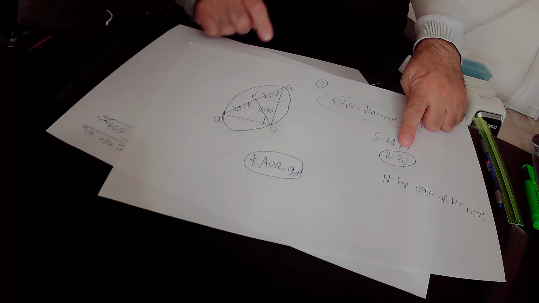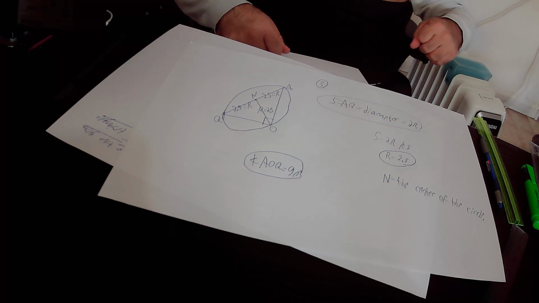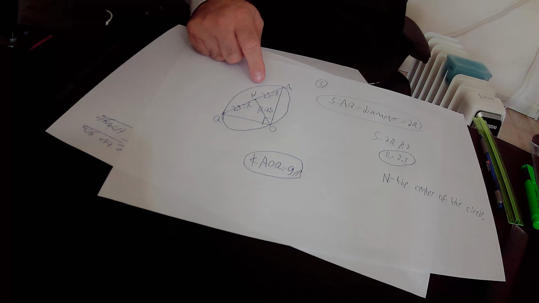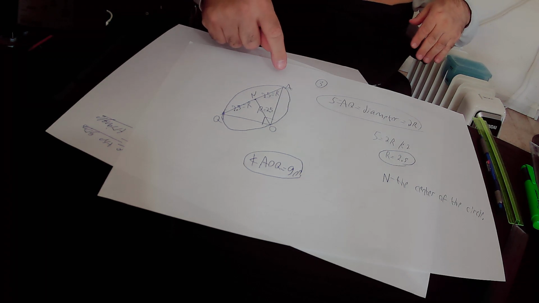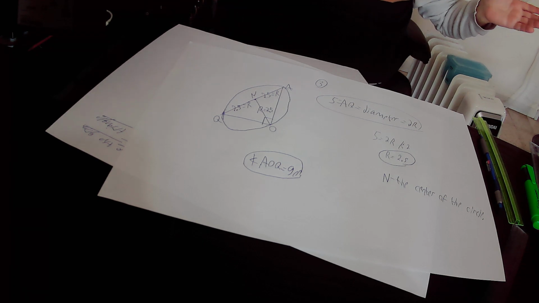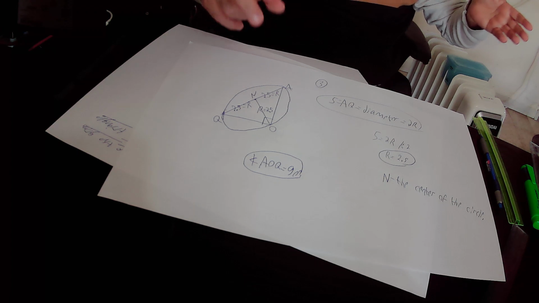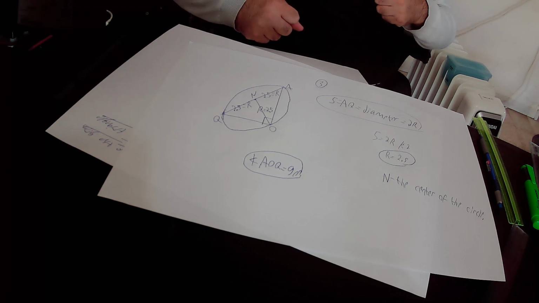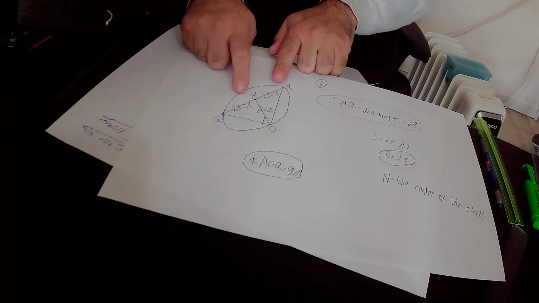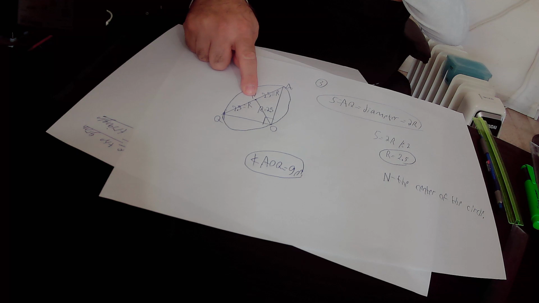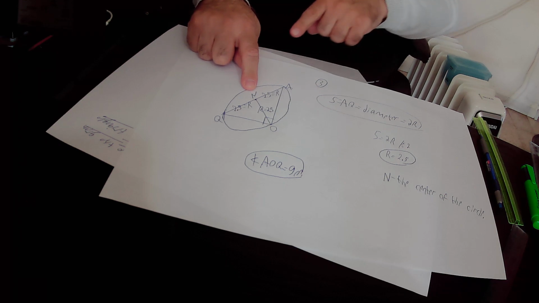Therefore, AN, which is equal to 2.5, must be a radius of the circle, and NQ, which is also equal to 2.5, must be a radius of the circle. Why? Because both radii are located on the diameter of the circle. So both of them must be radii of this circle, and those two radii meet at point N. This is the touching point of the two radii.